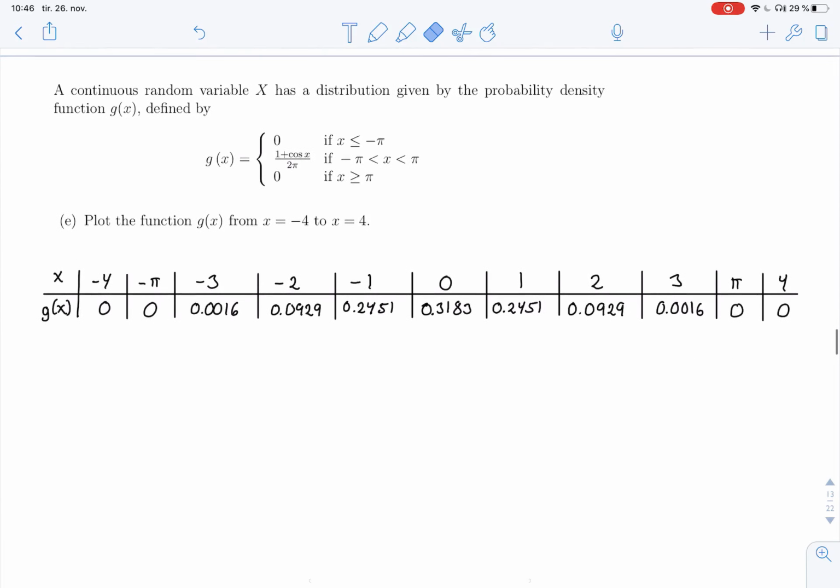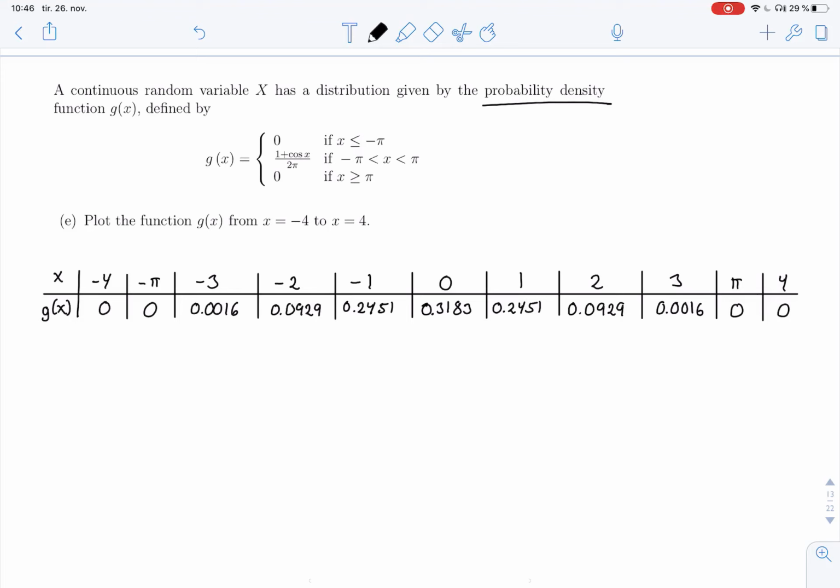Okay, now we're given a continuous random variable x, and we're given the distribution as a function. And that function is named a probability density function.